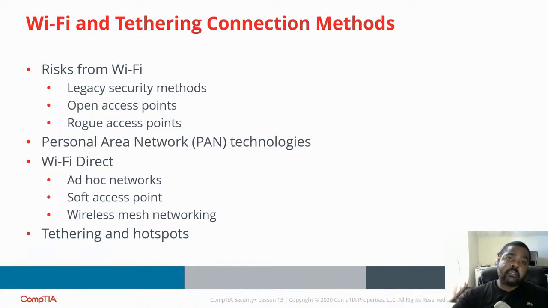So the next thing I want you guys to think about when it comes to mobile devices is, how do we actually connect, right? Are we using telephone connections? When I say telephone connections, I mean, are we using the actual phone carrier's connection in order to communicate on the network? And or are we using some type of Wi-Fi signal? For those who don't know, those are two different networks that we could be connected to.